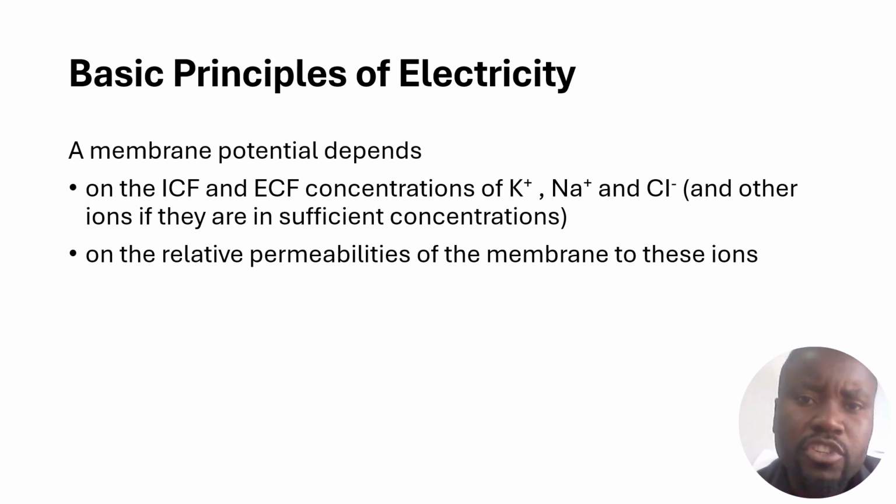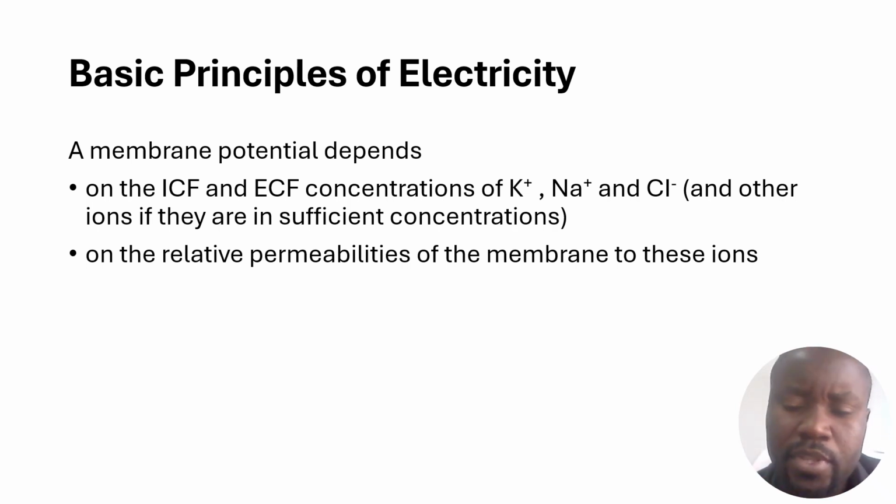So the membrane potential depends mostly on the intracellular and extracellular fluid concentrations, as we have alluded to. We are focusing on potassium, sodium, and chloride because these are the major ions in our biological systems. But the equilibrium potential also depends on how easily the electrolytes can flow. So the relative permeability of the membrane to these ions also affects each of the equilibrium potentials.